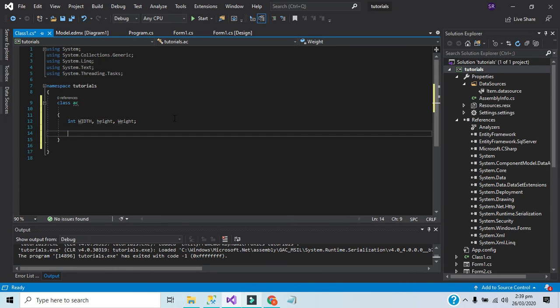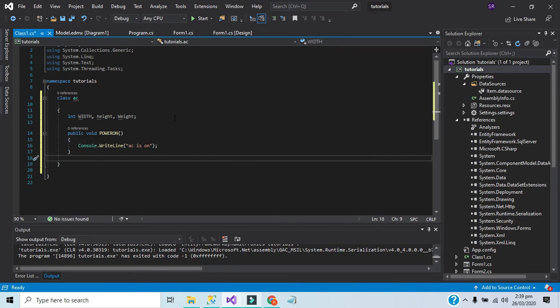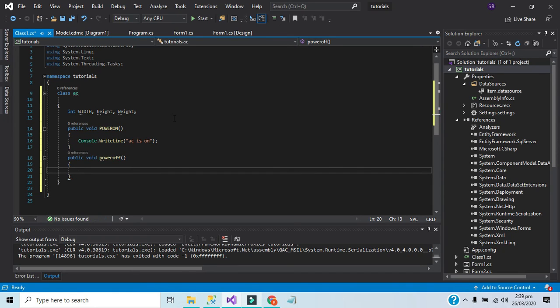And AC has some functionalities, for example, power on, power off, cooling.